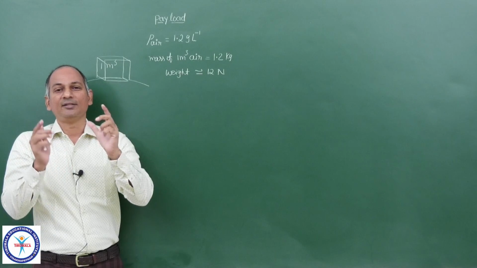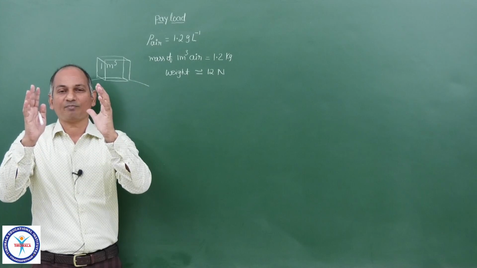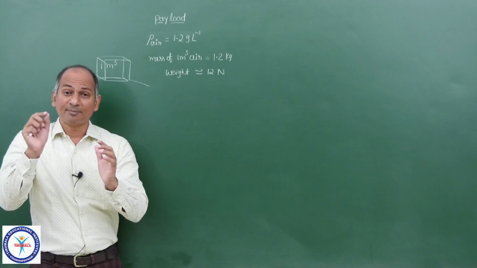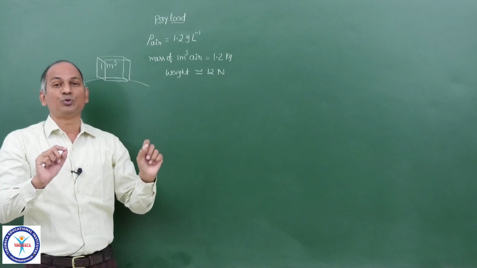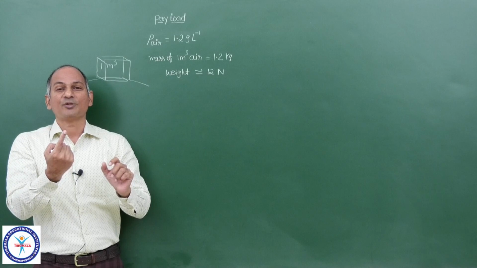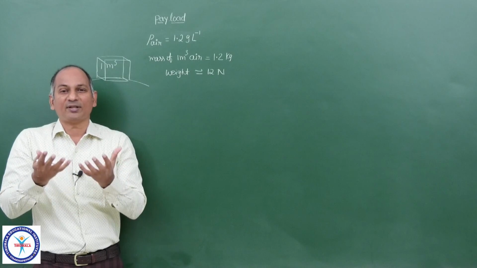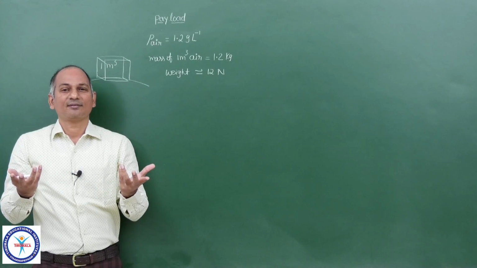So this 1 meter cube sample will rise, because it is less dense, its mass is less than 1.2 kg, its weight is less than 12 Newton. As a result, the net force will be in the upward direction. So now it will get a lift in the atmospheric air. That is what is called buoyancy.